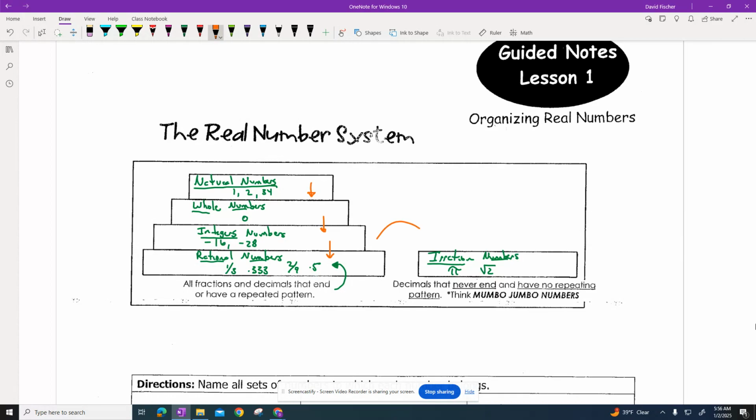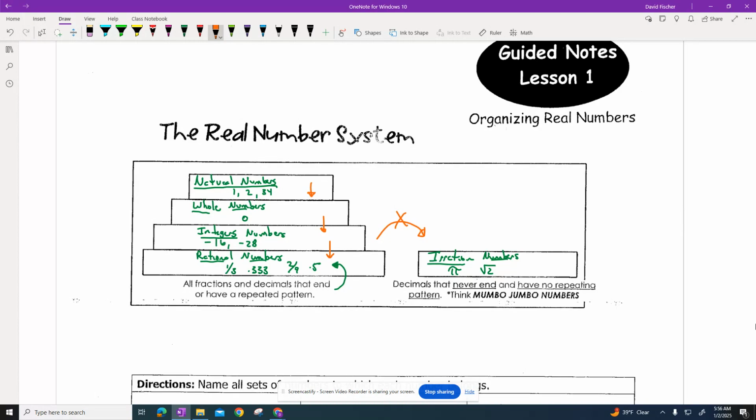They cannot jump across to this box over here. So if somebody said, what are all the categories the number 2 would fall into? I would say, well, it's a natural number, it's a whole number, it's an integer, and it's a rational number. It fits in all of these.